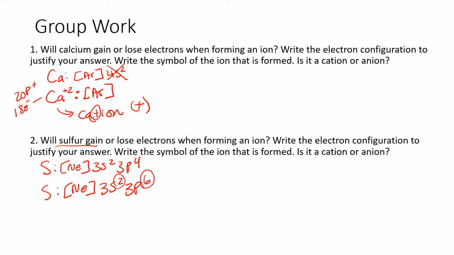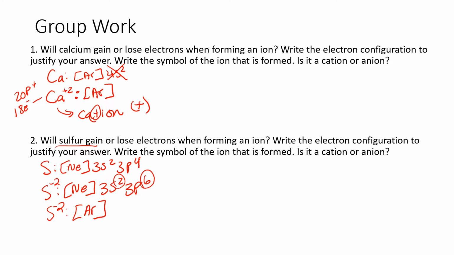That makes 8. Now, what noble gas is this equal to? It's not neon, that's the noble gas right before it. When I fill the third shell, the s and p orbitals, because I gained 2 electrons, I should put that here, and this should actually be argon.